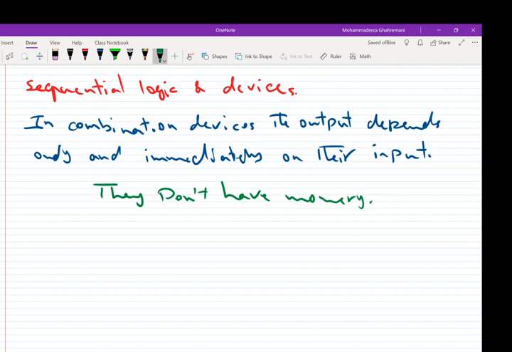But sequential circuits, however, act as a storage element. They have memory. They can store, retain, and retrieve the information when we need it.